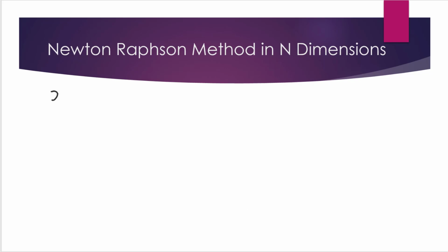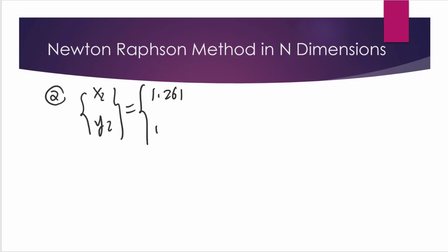Okay, so still the second iteration. So we get x2, y2 equal to x1, y1, which is 1.261, 0.174, minus the Jacobian inverse evaluated at x1, y1.